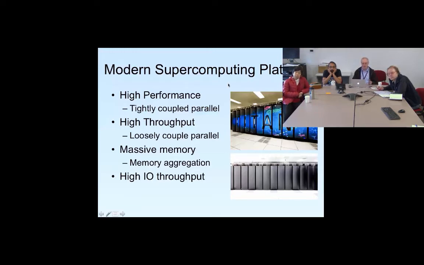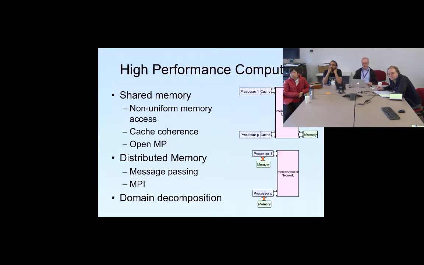You've heard quite a lot then about massive memory and the way you can do memory aggregation, and so that's driving the design of FlashLite, as is the high I/O throughput. So the research computing strategy at UQ is very much about directing these jobs to the right places, rather than trying to run one system that necessarily serves them all. So let me just spend a few slides pulling that out a little bit more.